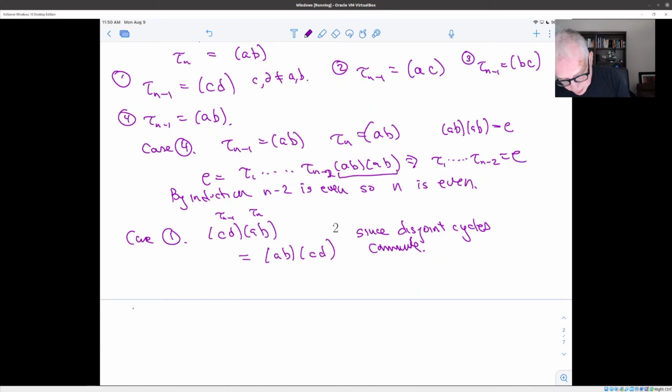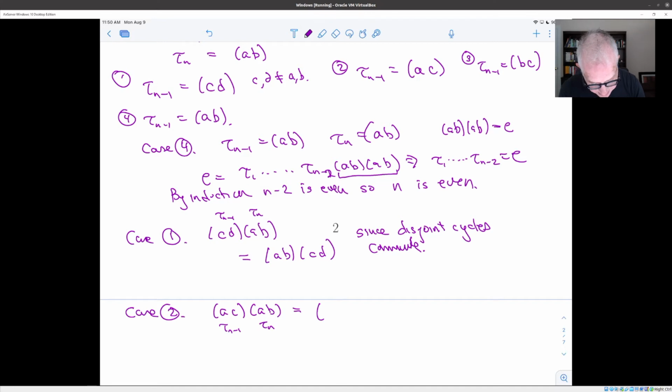If we look at case 2, we have AC, AB at the end. Well, let's work that out. A goes to B, B goes to A goes to C, C goes to A. This 3-cycle is the same as the 3-cycle BCA, because both of them do exactly the same thing: A goes to B, B goes to C, C goes to A. And by our trick for rewriting this as transpositions, this is the same as BA, BC.